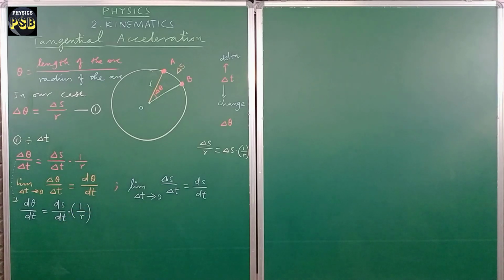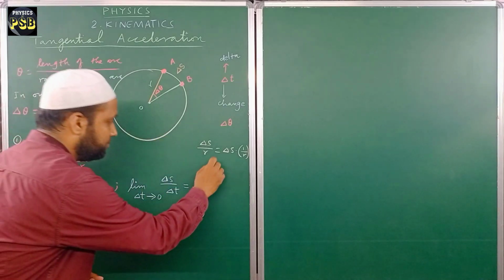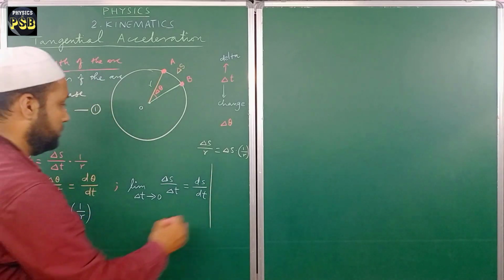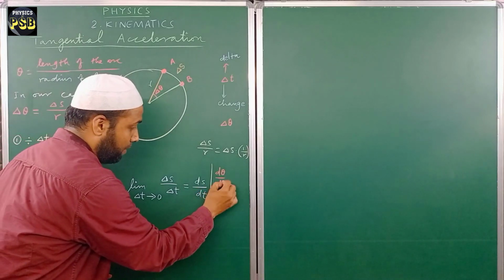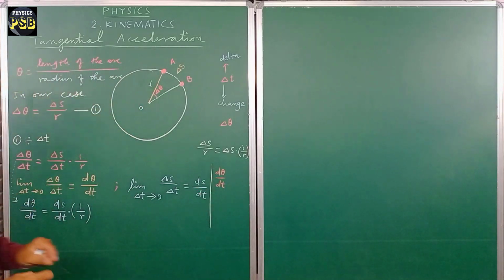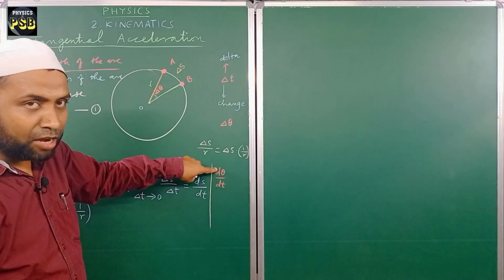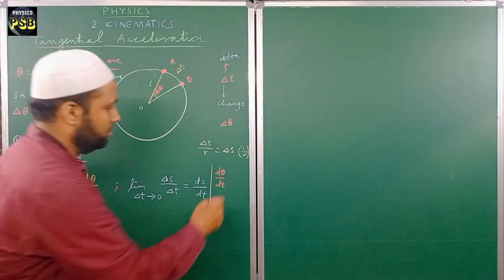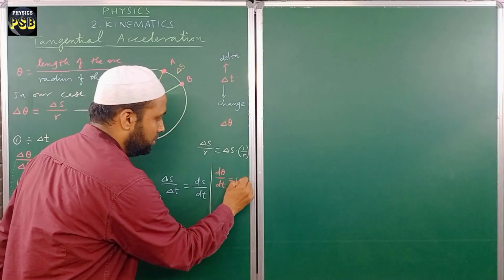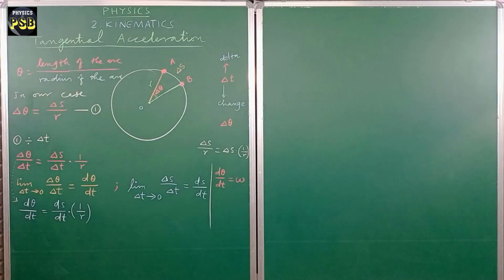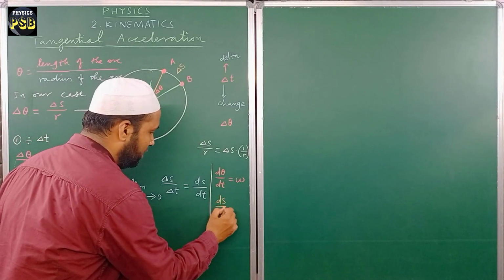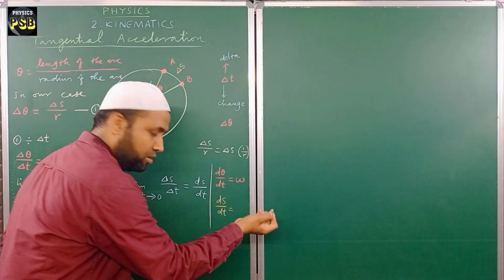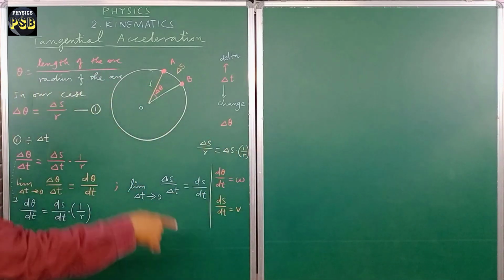Clear? We know very well that the rate of change of angular displacement, the change in angular displacement with time, provides us angular velocity. In a similar way, the rate of change of displacement, the change in displacement with time, gives us linear velocity.